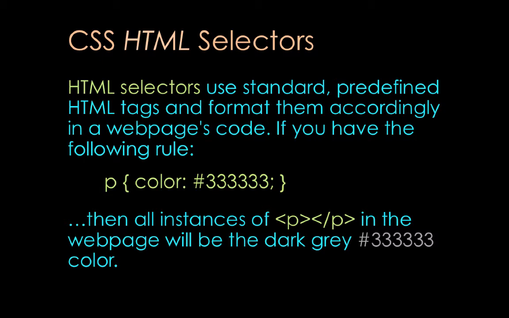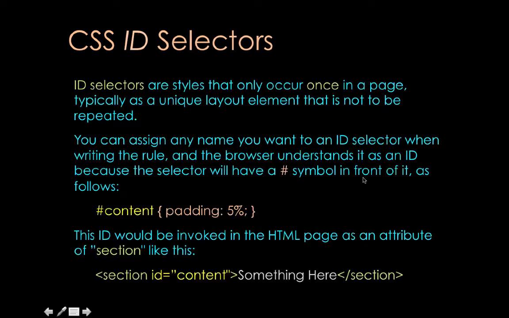They are going to basically use standard predefined HTML tags and format them accordingly in a web page's code. For instance, let's go back to our former example where we had this paragraph selector. In the CSS, you wouldn't put the braces around that P the way that you would with this actual P tag right here, that I'm circling.